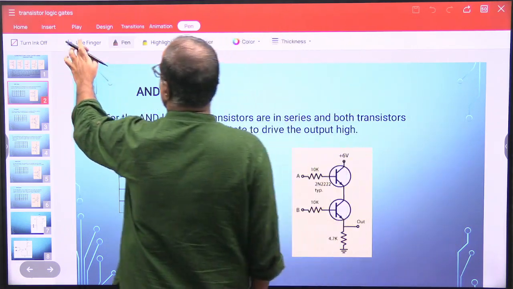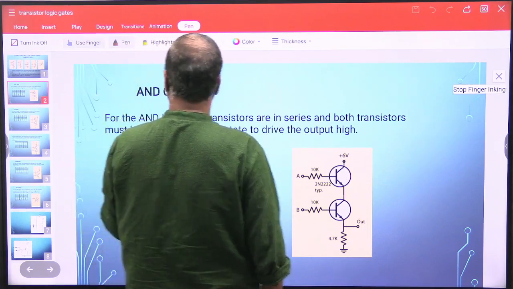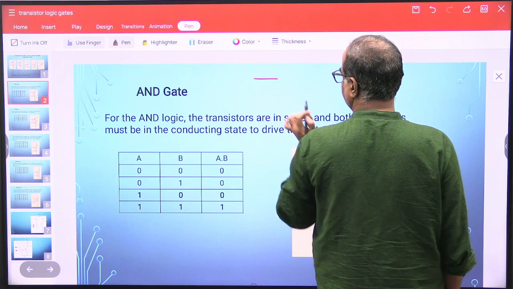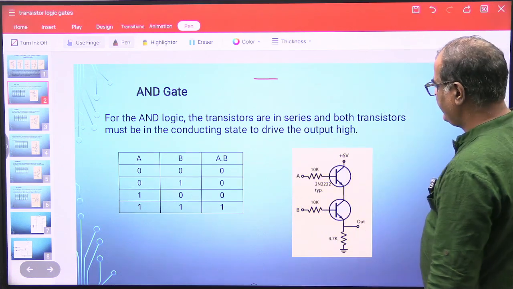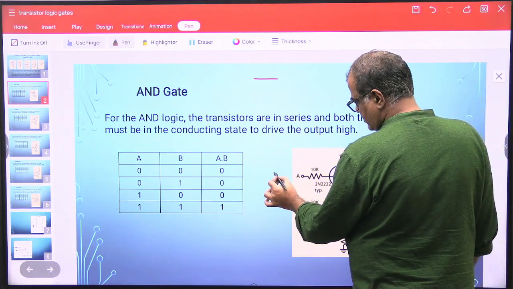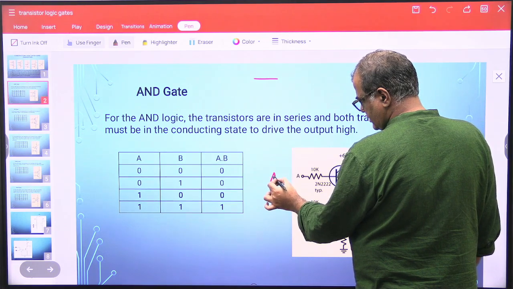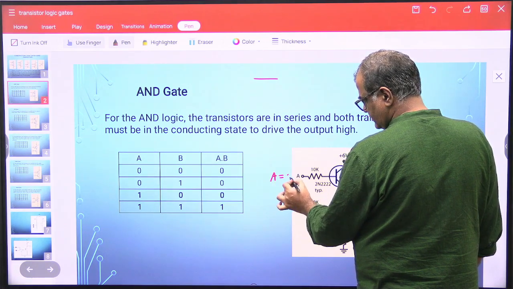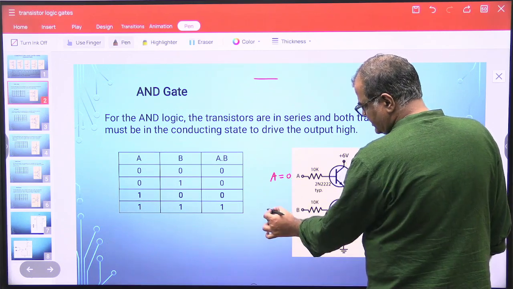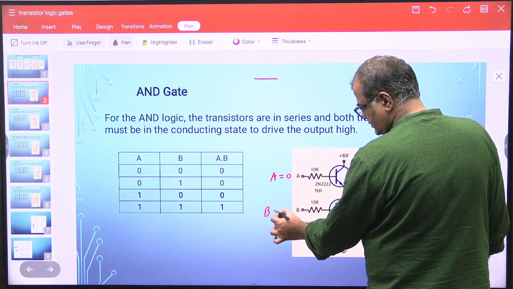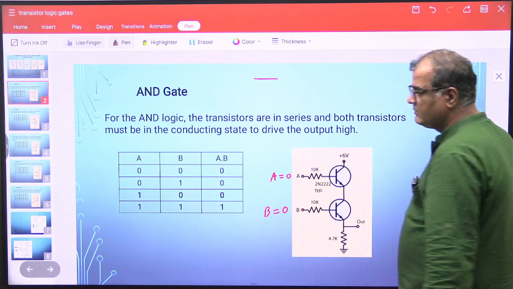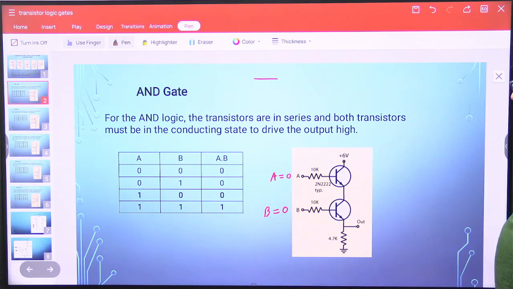Use fingers. Then. Okay. So if I say my A is 0, okay, and B is 0, tell me what will happen if A is 0, B is 0?